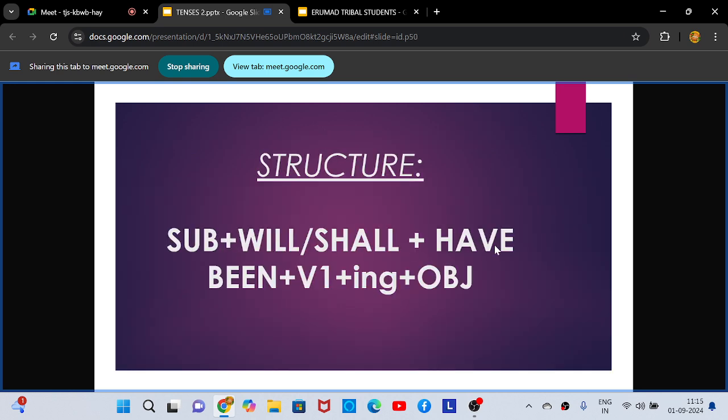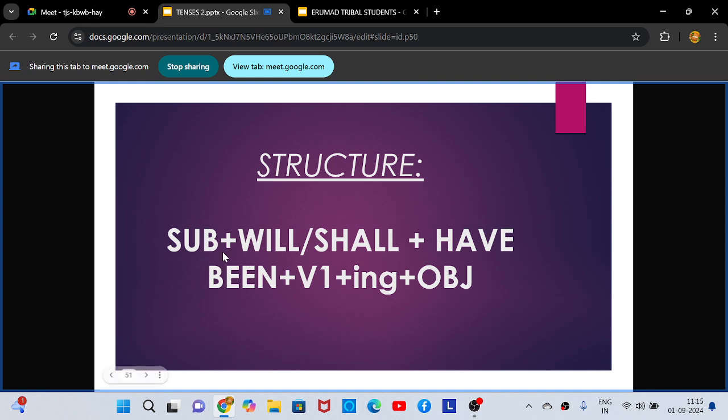This is the structure of this tense. Subject plus will or shall plus have been plus V1 plus ing plus object. Okay.